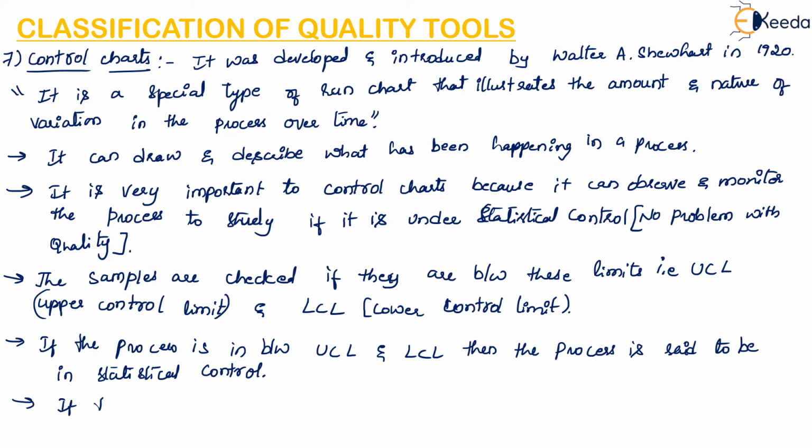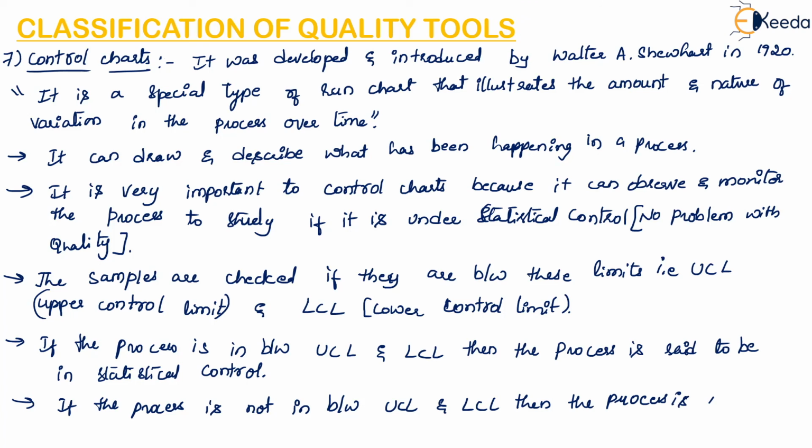If the process is not between UCL and LCL, then the process is said to be out of control.